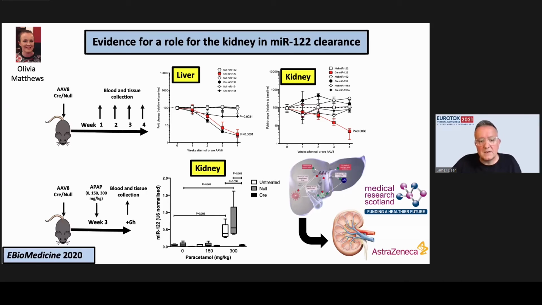So it's tempting to think that MIR-122, as well as being a biomarker, may also be a mediator. And what we found, and I won't go into too much detail, but I'm very happy to in the questions, is that in a mouse model where we deplete microRNA only in the liver using Cre-lox technology, we see that MIR-122 goes to the kidney.